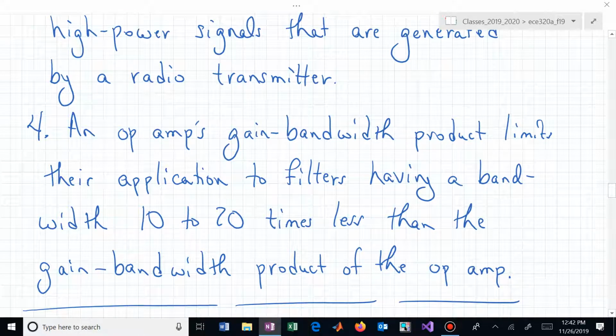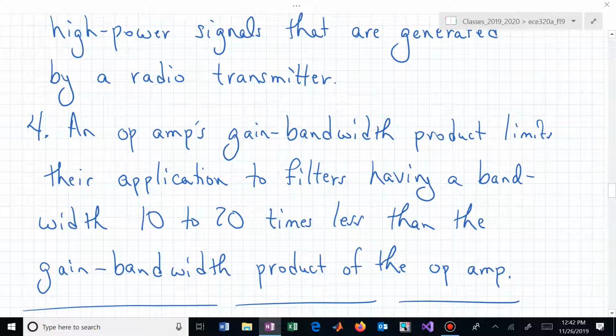And something that we typically don't worry about until we have to implement something is the gain bandwidth product of an op-amp. That we can't neglect. And because of that, the bandwidth of the filter that we are trying to create or produce may be restricted.